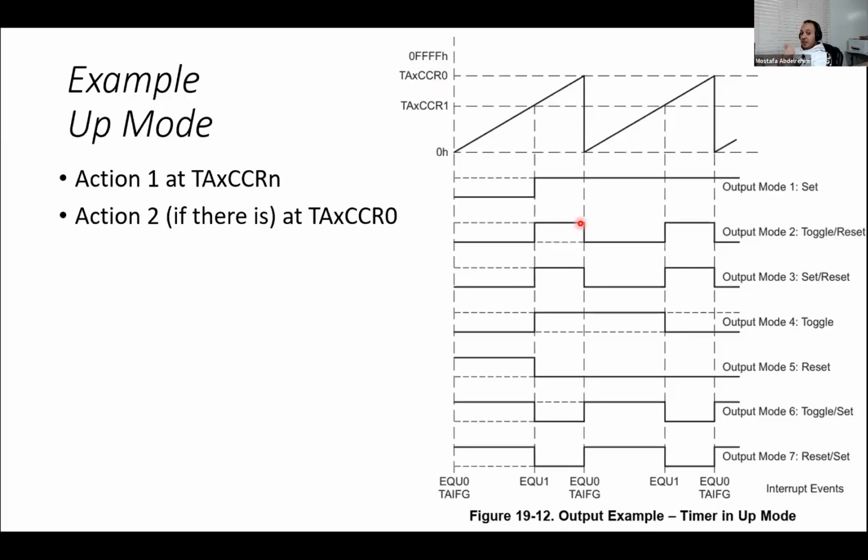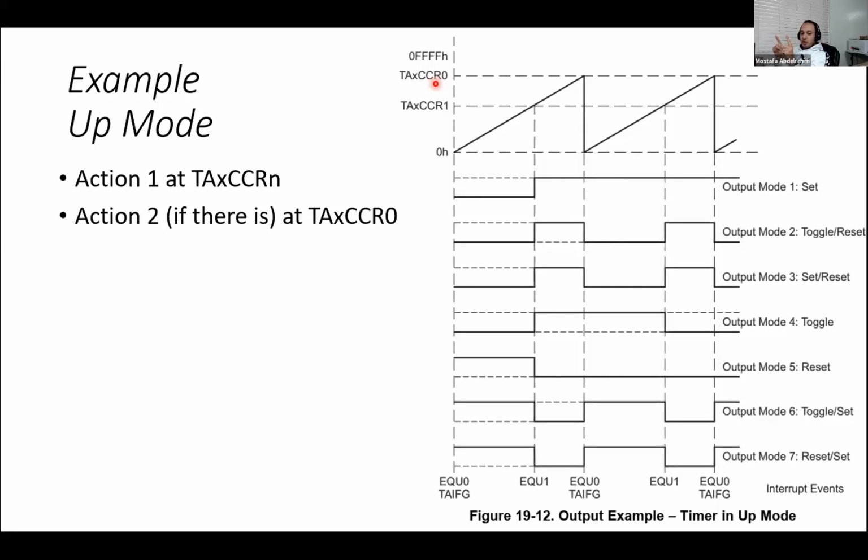So you have the first action, which is the toggling, tied to the value inside TAxCCRn, where n is 1, 2, 3, 4. And the second action is tied to TAxCCR0.